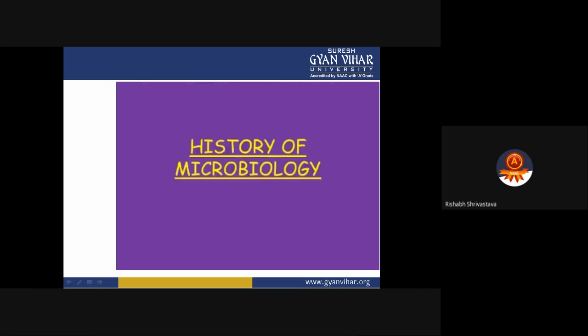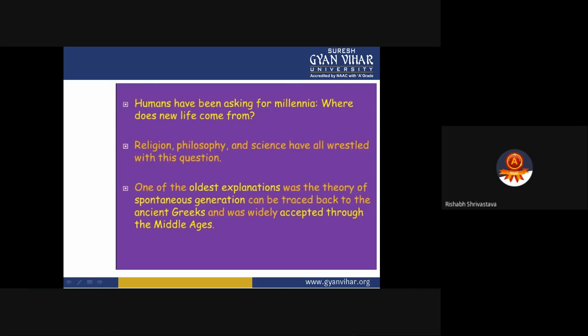We humans have been asking for many years where new life comes from. Many religions, philosophies, and scientists have wrestled with this question. This question is as old as life itself: where is life coming from? What is the concept behind life?